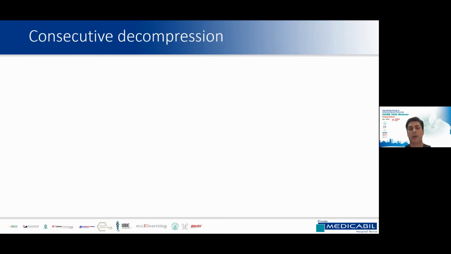So, it may be impossible to be sure exactly, but if we want to get a good result and be sure about our surgery, maybe we should consider consecutive decompression.